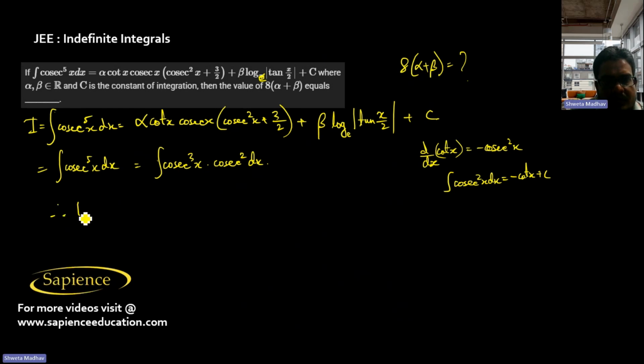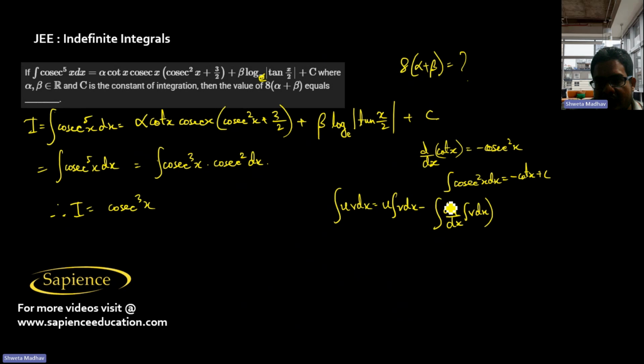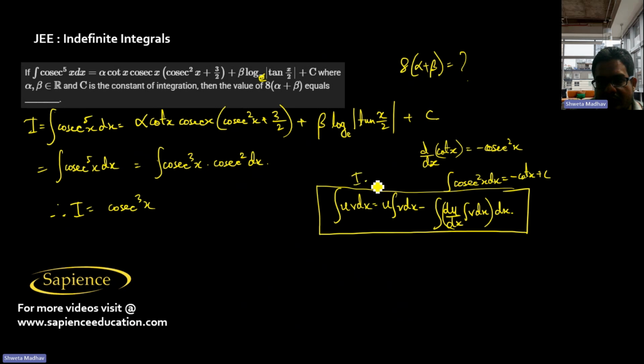Therefore, I can say the integral I will be equal to cosec, since we know that integral u v dx is equal to u integral v dx minus integral du by dx integral v dx whole integral dx. This is the formula to use for integration by parts.